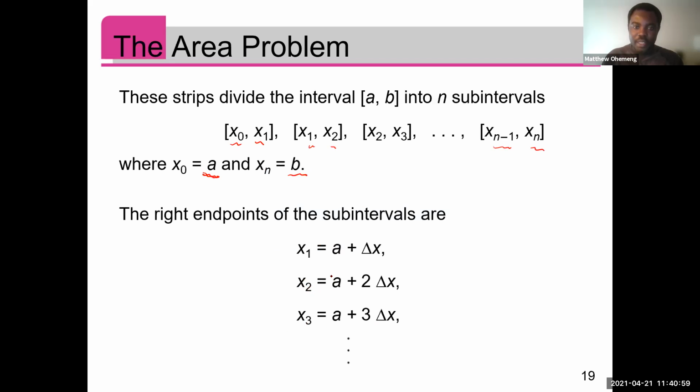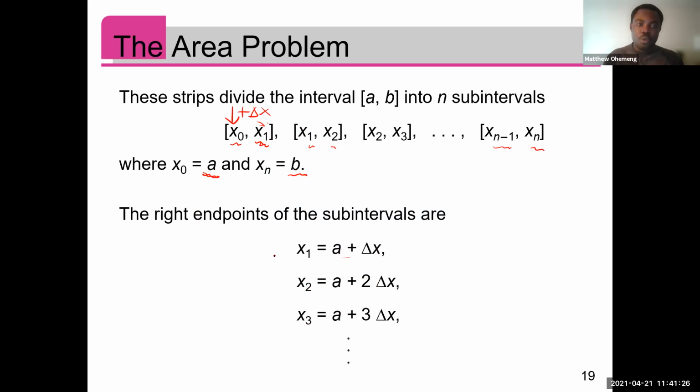I hope you understand this. So how do you get the next point? It's just this point plus the delta x. That'll give you the x1. If you want the x2, it's the x1 plus delta x. But x1 is a plus delta x, so that'll give us a plus 2 delta x. x3 will be that, and so on and so forth. Okay, please, any questions so far?